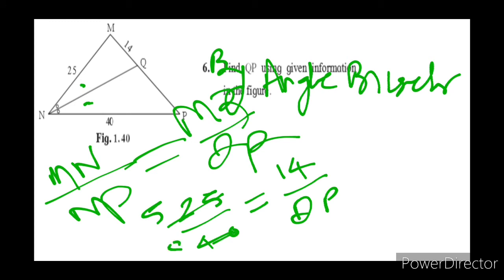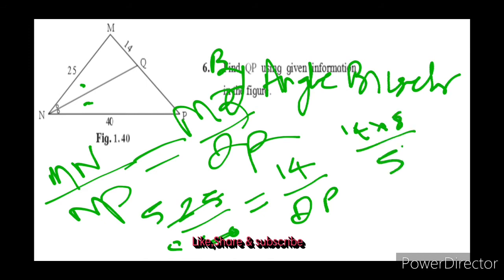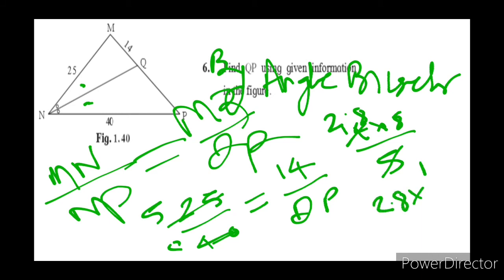So 14 multiplied by 8, we get 5 ones are 5, 5 twos are 10, 5 fives are 25, 2.8 into 8. This is the value for QP.